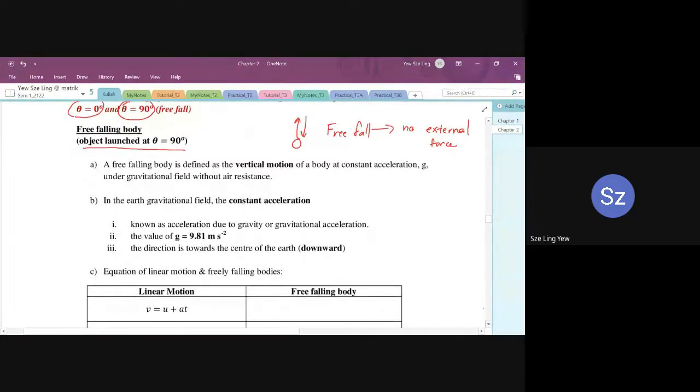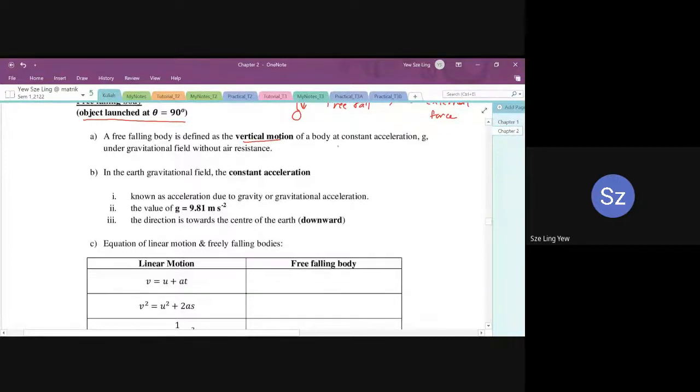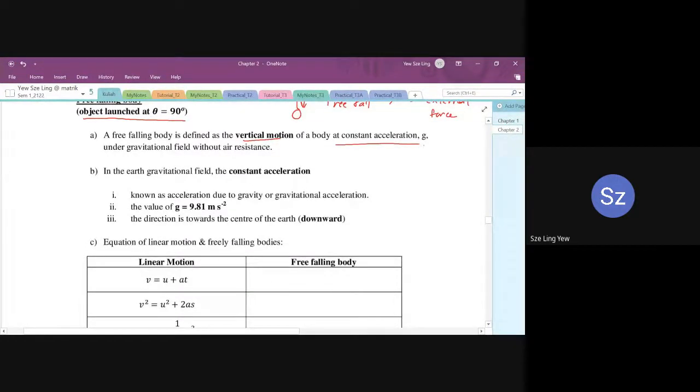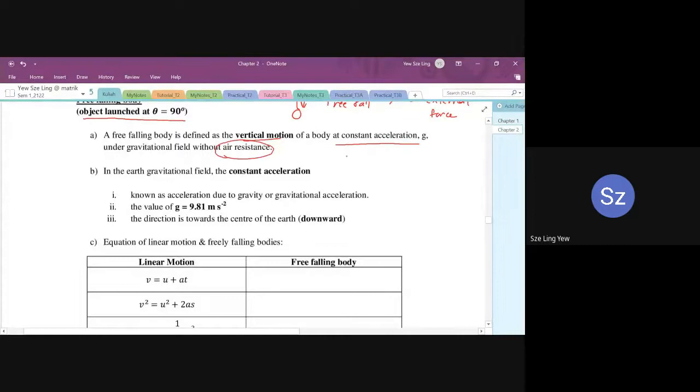Now it moves freely. So a free falling body is defined as the vertical motion of a body at a constant acceleration, which is g, under a gravitational field without air resistance. So this is the first assumption that we made: no air resistance. Now, in reality, or when you proceed to university, you have to take into consideration the effect from air resistance.